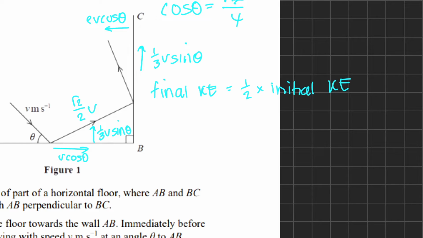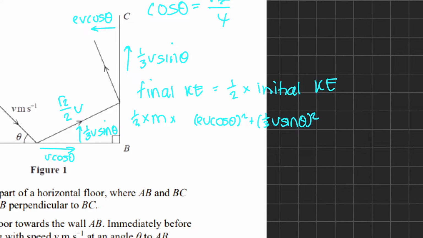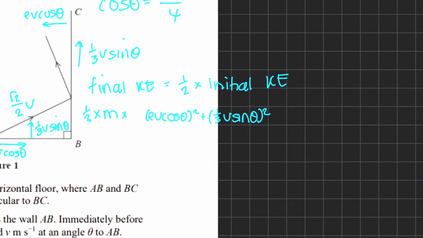Well, the final KE is a half times the mass times the velocity squared. The velocity is the square root of its two components, (e v cos theta) squared plus (a third v sine theta) squared, and we have to square that. So the square and the square root cancel out, so we just get that. So that's the final KE.